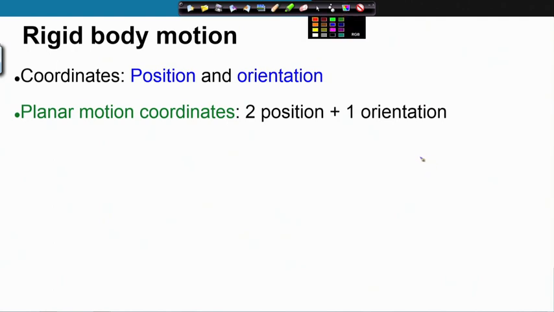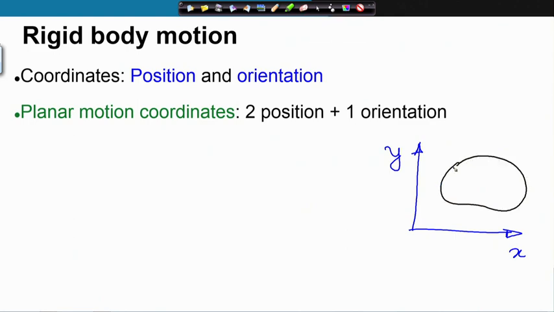So, let me show you what I mean. In the plane, let us say the xy plane, if I have a body, and this dashed line is fixed to the body, then by tracking the x, y of this point, let us say A on the body, and the orientation through this angle, let us say theta, which is the angle measured between the body fixed line and the x axis, we have these 3 coordinates x, y, theta.